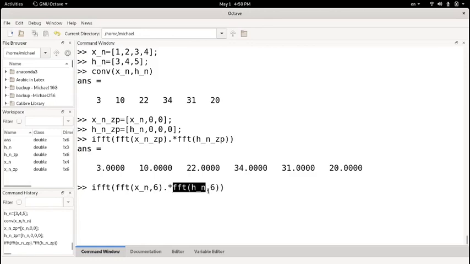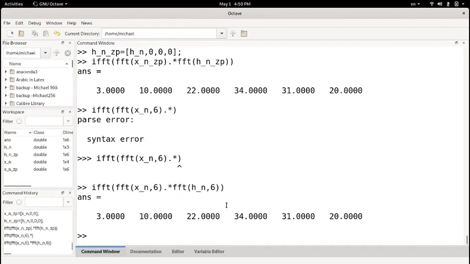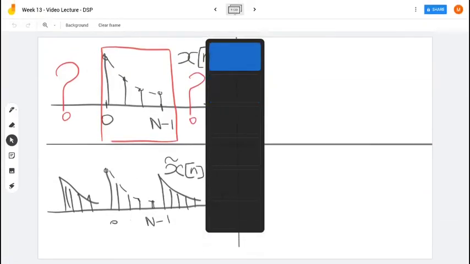And this command will compute the 6-point FFT of hn. hn is only of length 3, so MATLAB will add 3 more zeros and do the Fourier transform. Again, if we try it, you'll get exactly the same result. And this supposedly is more computationally efficient than doing the linear convolution as usual.